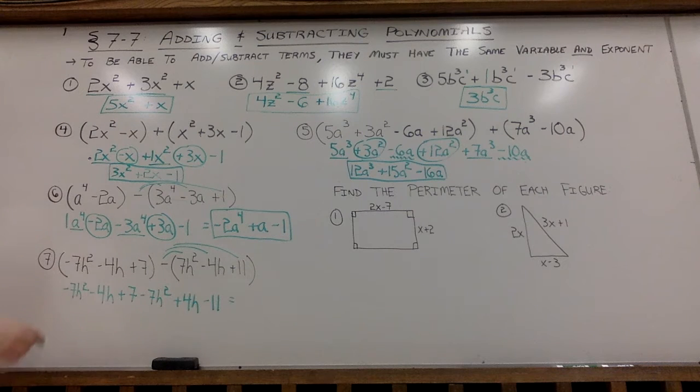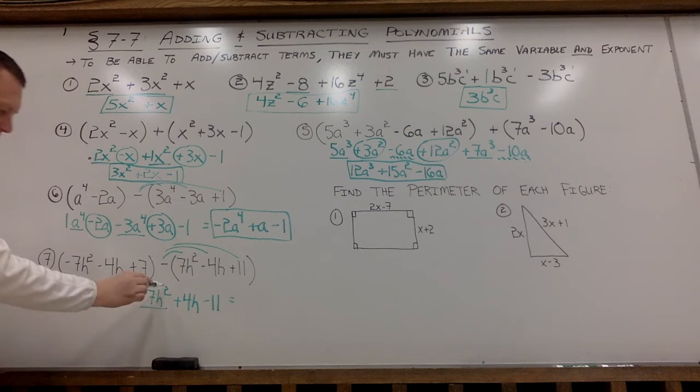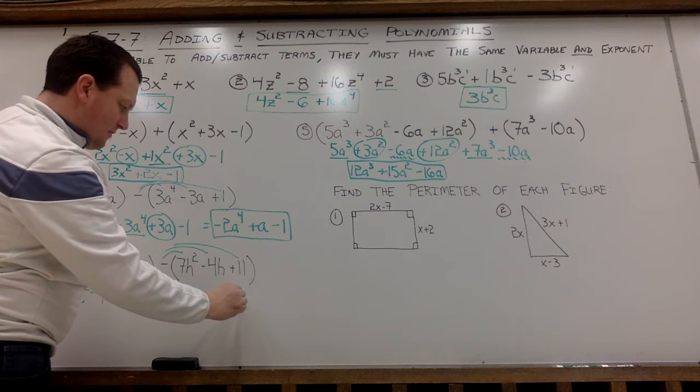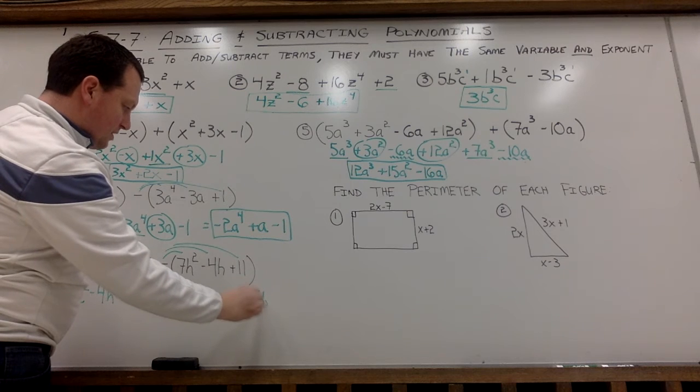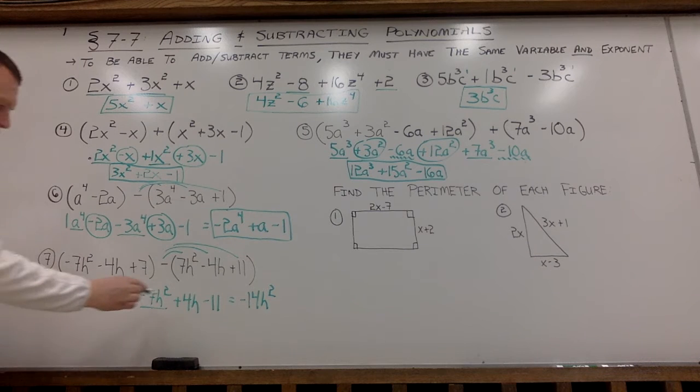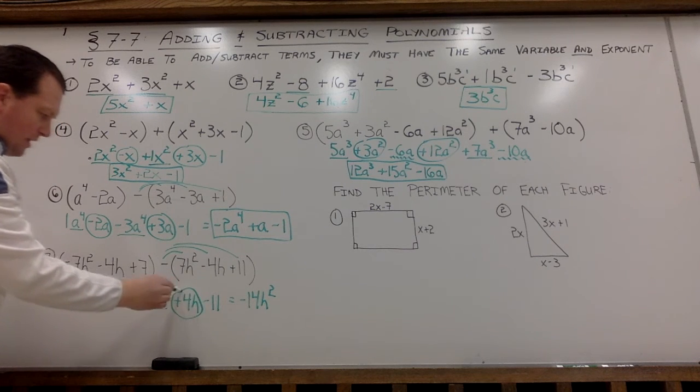So like terms, I've got negative 7h squared minus 7h squared, so negative 7 minus 7 is negative 14h squared. Then check this out. I've got negative 4h plus 4h.